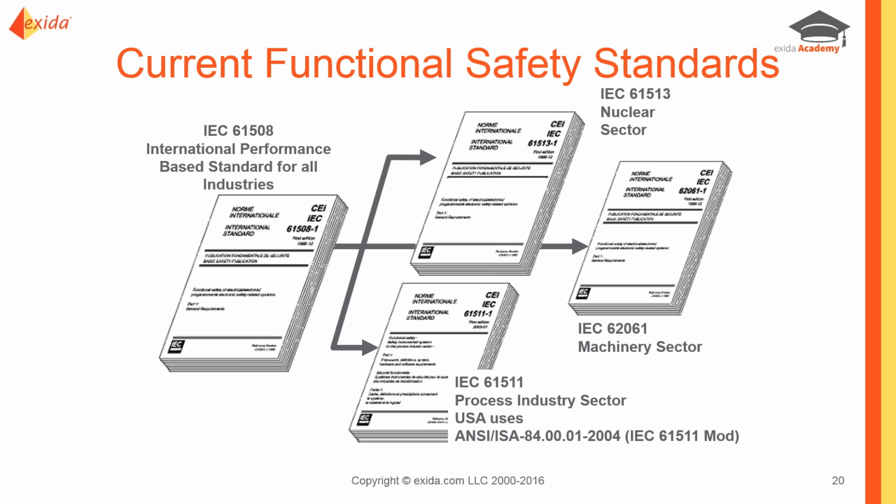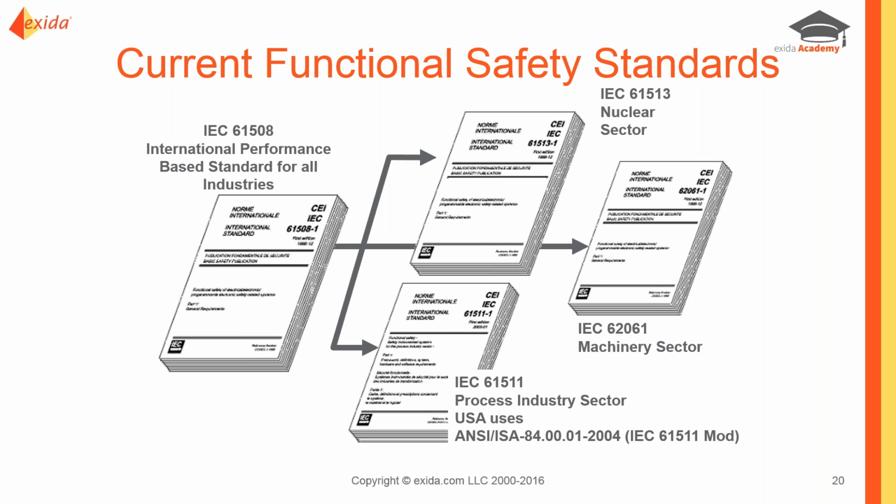All have very similar requirements with respect to planning, and one of the key things we want to make sure we have in our policy document is which of these apply to the facility we're working with, and then what versions of those standards, because most of these have more than one generation now, so we want to note which version is in place. Our current version of IEC 61508 is the 2010 edition in parts 1 through 7. And for IEC 61511, there is a 2016 release in parts 1 through 3.